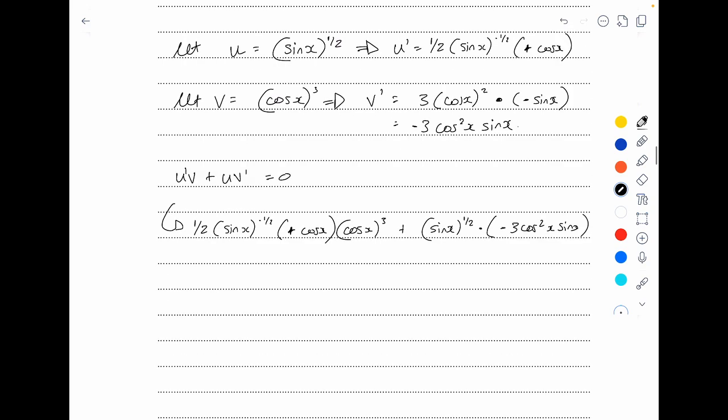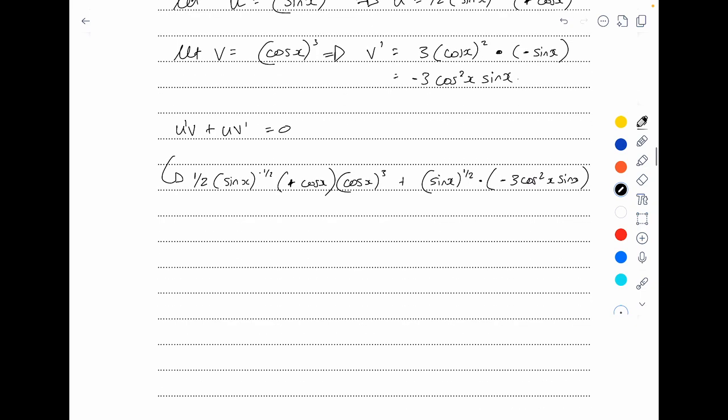Right, so from here now, this is going to simplify to the following. I'm going to just reverse this around just to make things easier. So if I reverse this, I get negative 3 cos squared x sine x root sine x. Root sine x comes from this here.